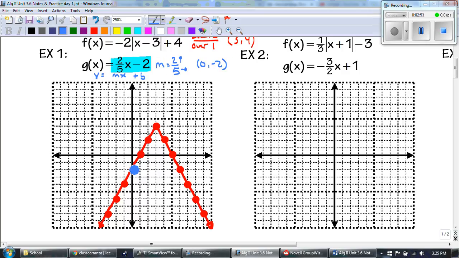So I start at 0, -2, and hey, look, that's a point right there. Then I go up 2 over 5, and there's another one. I'm going to go one more point in each direction just to get the full line. I want to make sure it's nice and straight, and that it goes through all of my graph.